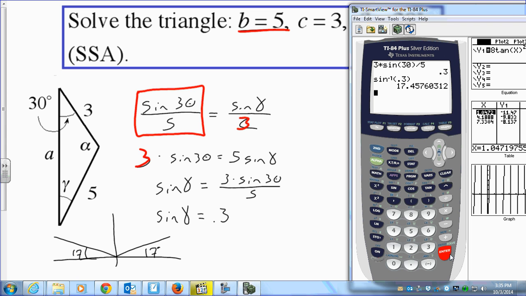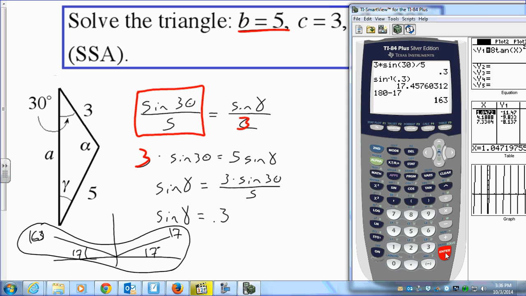And I do 180 minus my reference angle, and I see that this could also be an angle of 163. So I have two possibilities here. I could have an angle of 163 and an angle of 17 degrees. So I have to see if it makes sense that it could be 163 or 17.